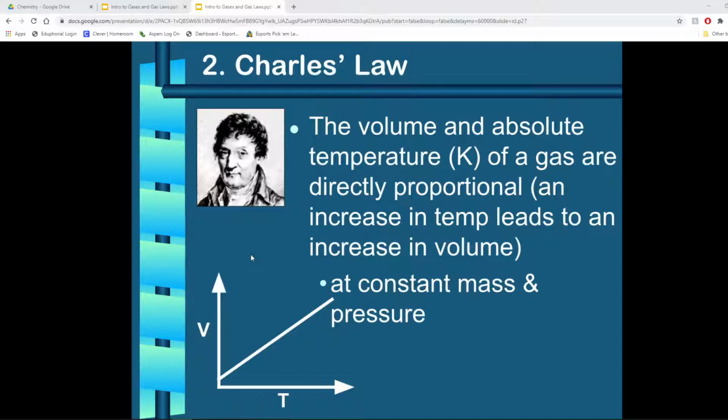With that one, they were inversely proportional, where when one of them increased, the other decreased. In this case, for volume and temperature, when one of them increases, the other one increases as well. And you can see that with a little graph here, where as volume goes up, your temperature is also going up. They go up together.